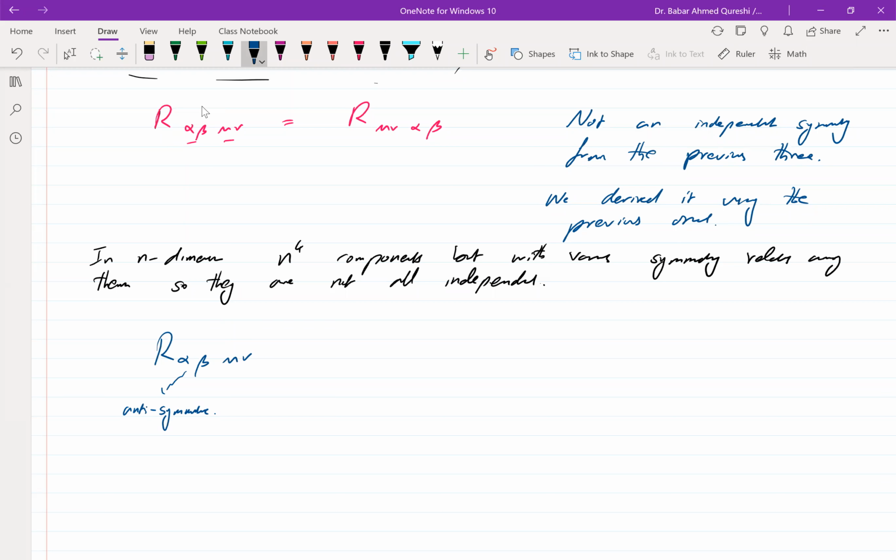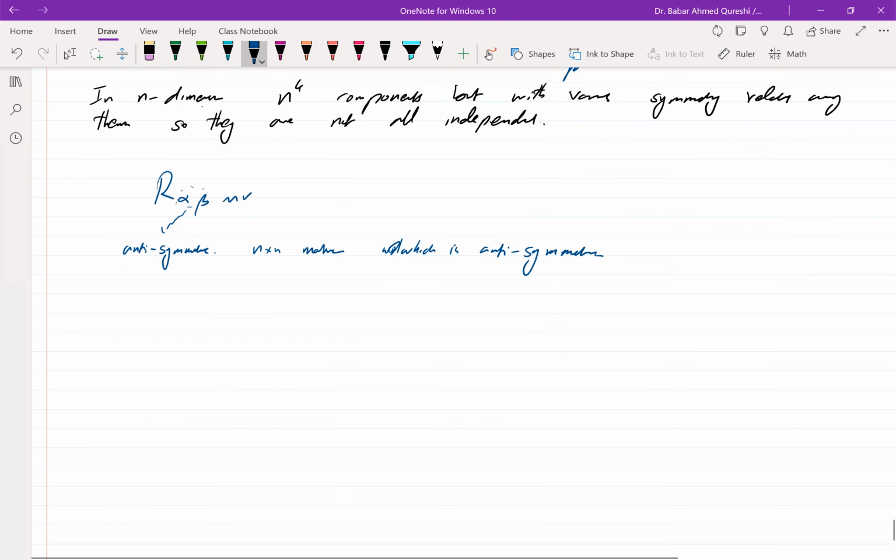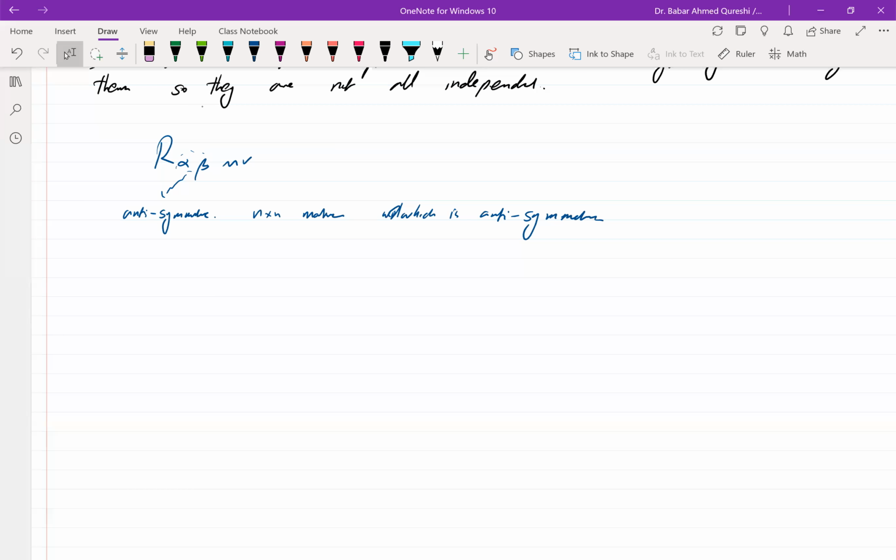Focusing on these two indices, I have an n by n tensor, an n by n matrix, which is antisymmetric. So for an n by n matrix which is antisymmetric, how many components does it have?